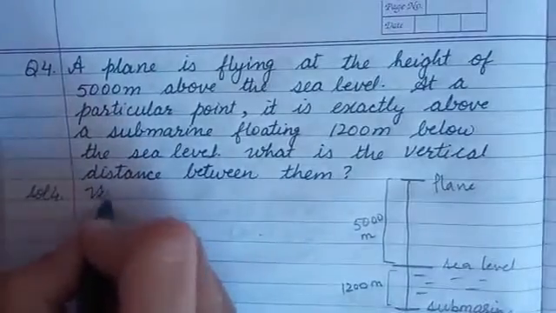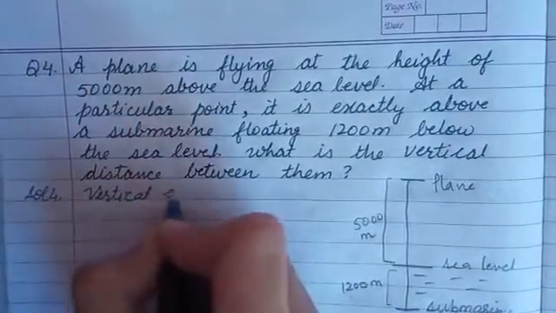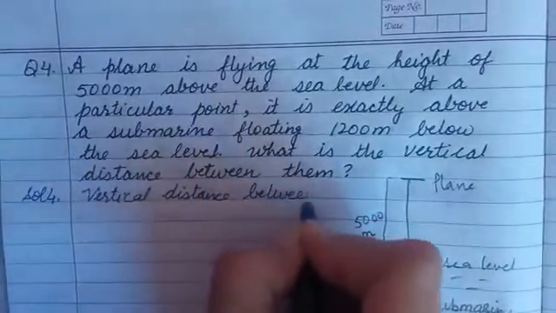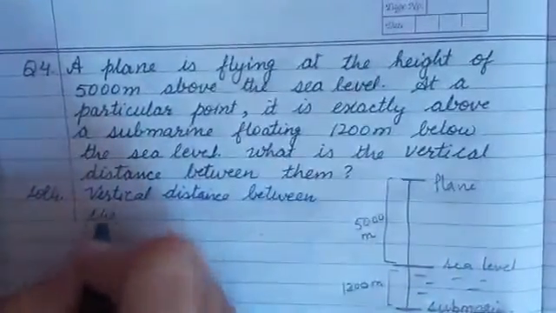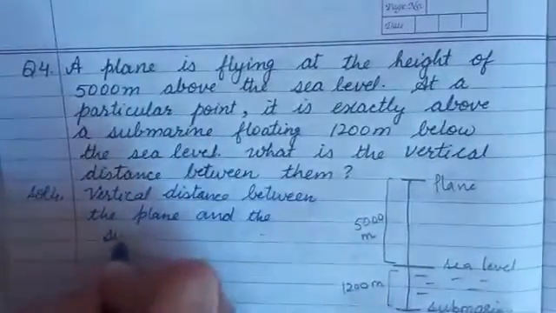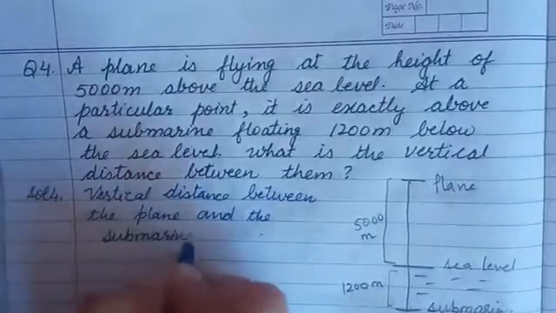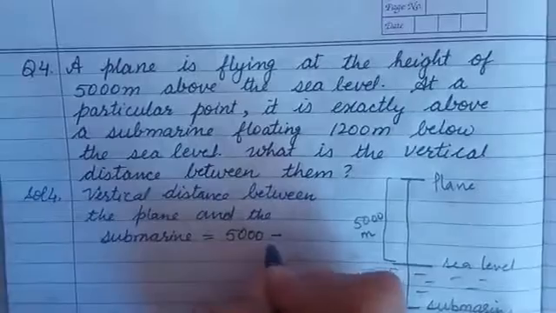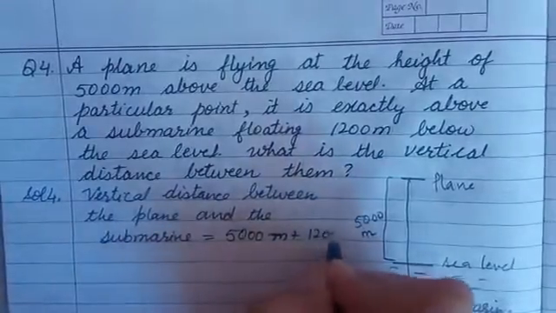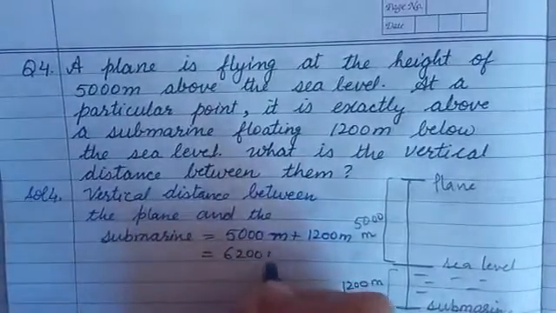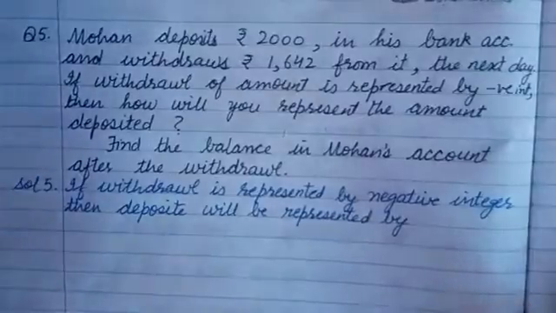So vertical distance between the plane and the submarine is 5,000 meters plus 1200 meters, that is 6,200 meters.